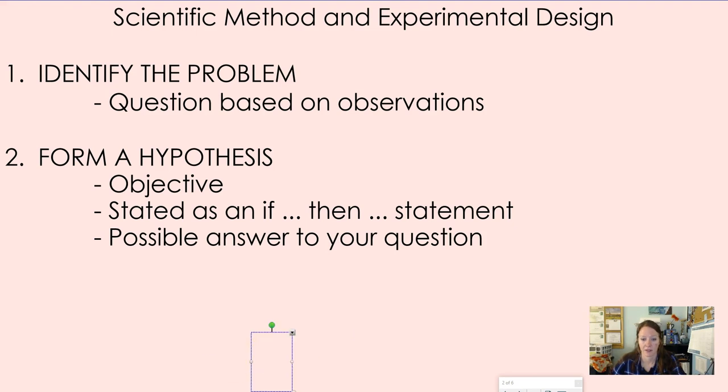So the scientific method, like the design process, is a way to solve a problem or answer a question. Usually when scientists begin their science process, it starts with some observations, as we mentioned in the last video.